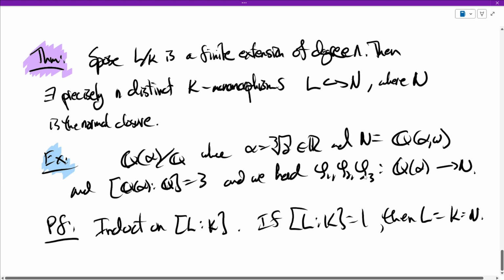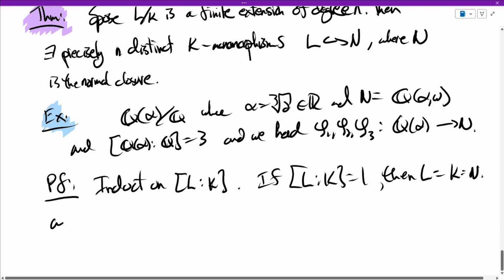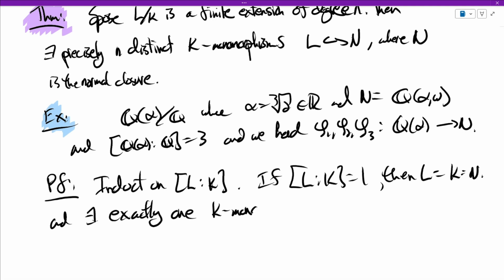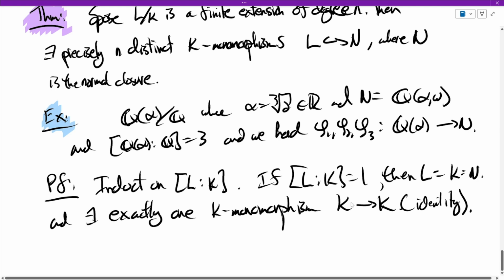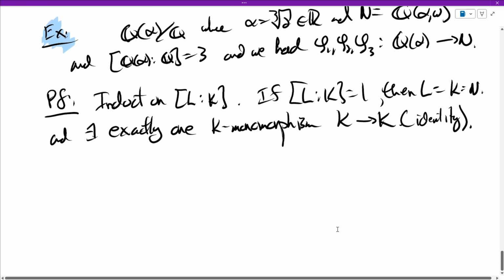But if L is K, there's nothing to add, right? Because there are no conjugates, since you haven't added anything new. And there exists exactly one K-monomorphism from K to K, because we have to fix K, so it has to be the identity. There's no more than that. Okay, so the degree is the same as the number of K-monomorphisms. So nothing to do there.